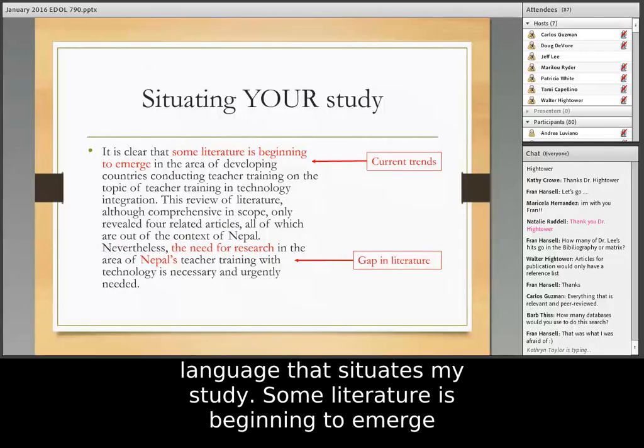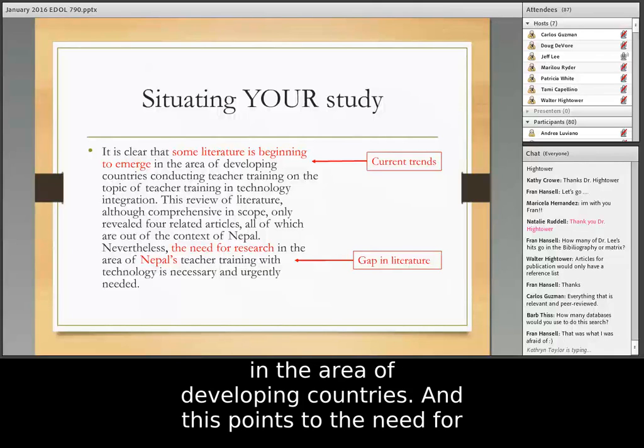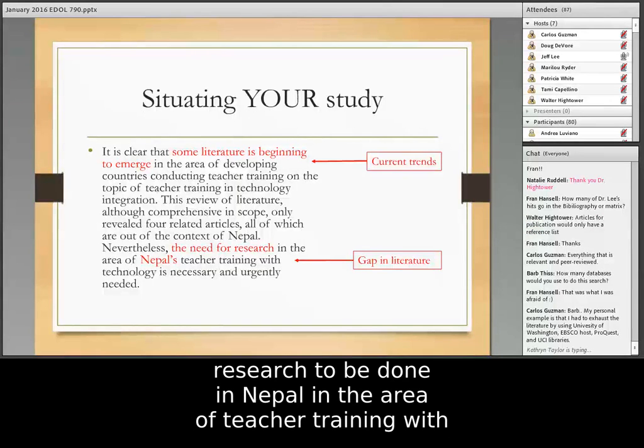Okay, some more language that situates my study. Some literature is beginning to emerge in the area of developing countries, and this points to the need for research to be done in Nepal in the area of teacher training with technology.